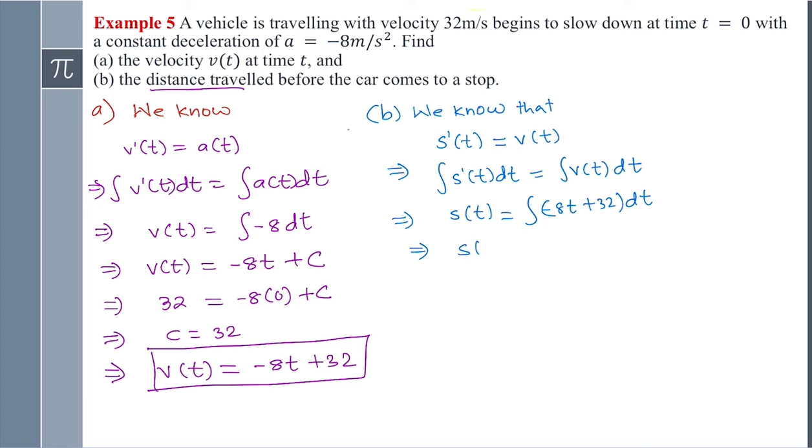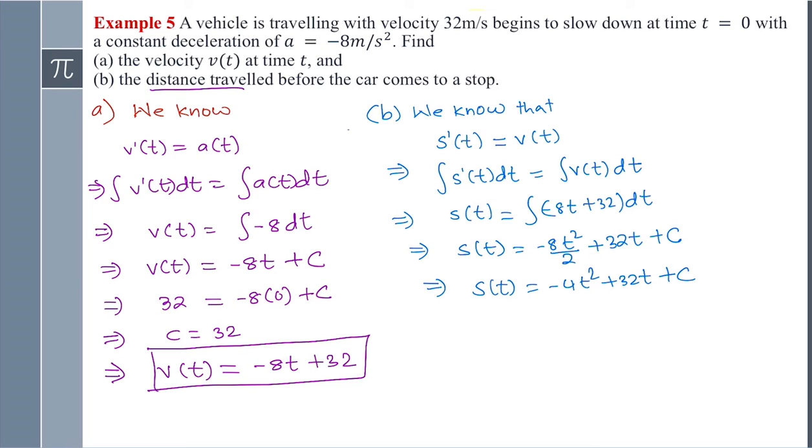Now s of t equals, the integral of negative 8t is negative 8t squared over 2, plus 32t plus c. And then s of t equals negative 4t squared plus 32t plus c.